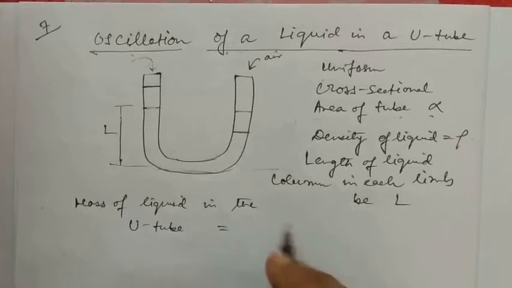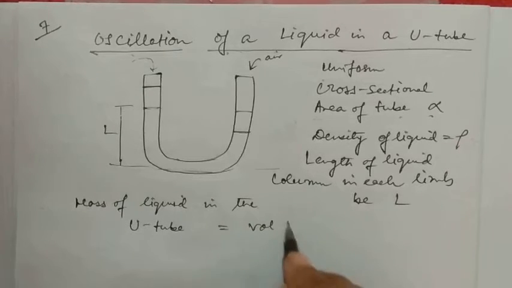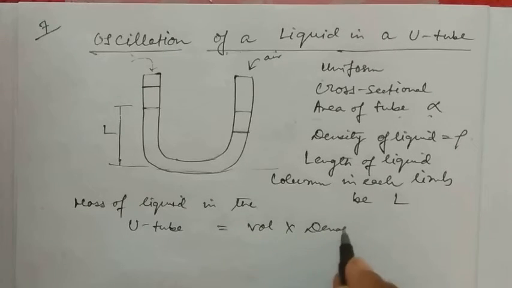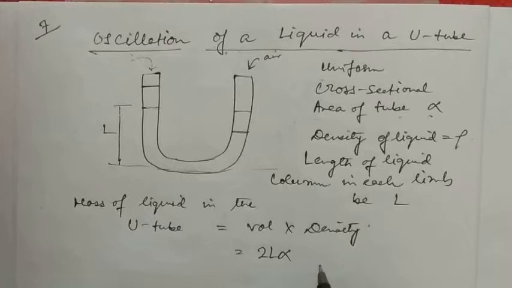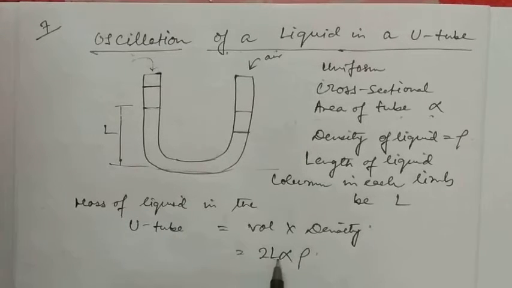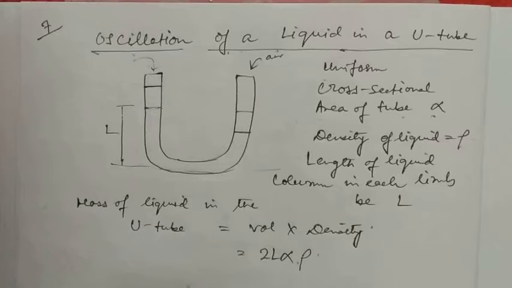What is mass? Mass means volume into density. Now the volume is given by 2L as the length, and the area of cross-section is alpha, into density. So 2L alpha rho gives the total mass of the liquid in the two columns.